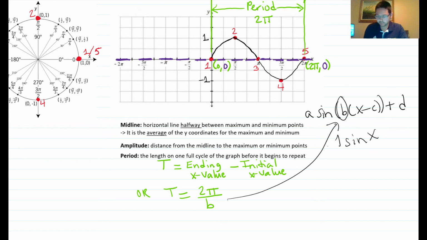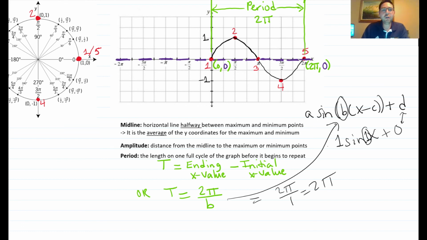So therefore there's an invisible 1 here, so a is 1. There's an invisible 1 here, so b is 1. So it's 2 pi divided by 1, which is 2 pi, which is why we got a period of 2 pi. And the d is actually 0, right? If you compare those two forms.